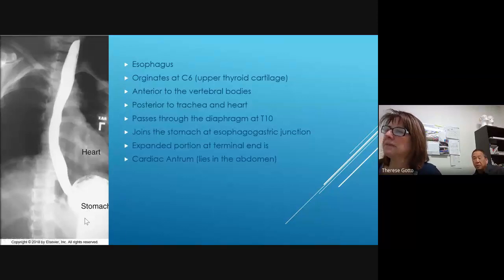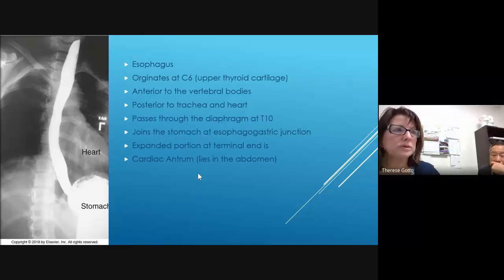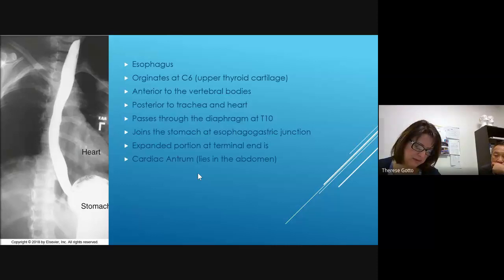Your esophagus is going to originate at C6, which is the level of the upper thyroid cartilage, or Adam's apple in you guys. It lies anterior to your vertebral bodies, anterior to your spine, posterior to the trachea. Remember, the posterior surface of the trachea is flat, so the esophagus butts right up against there.